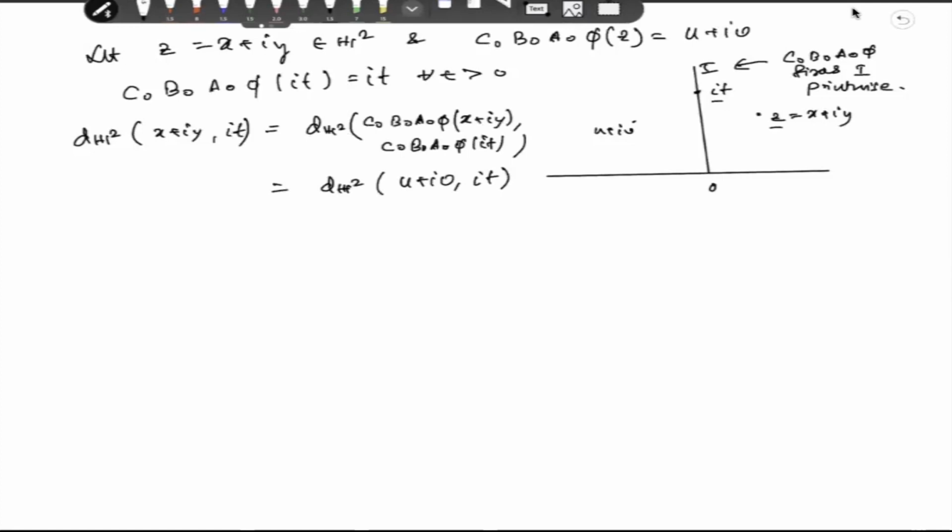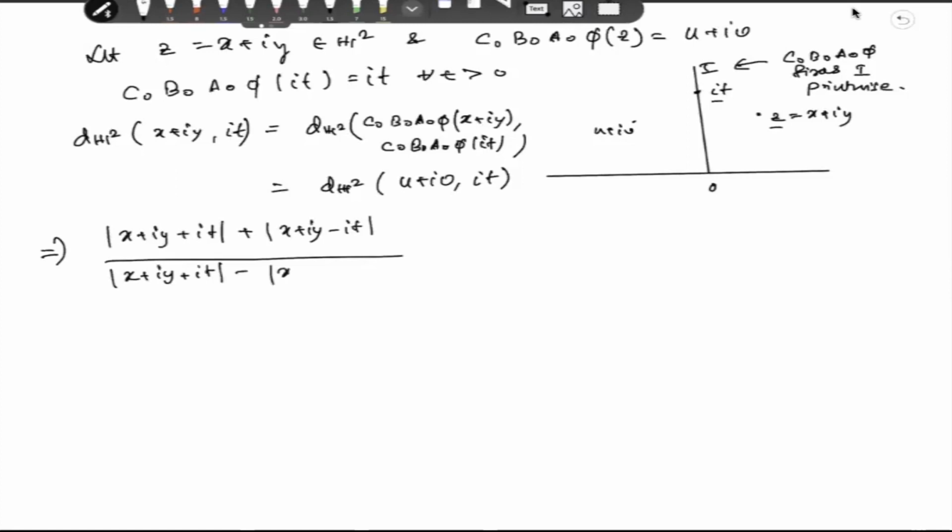Now we have the explicit formula for that distance. So this will be equal to the log of mod of X plus IY plus IT plus mod of X plus IY minus IT, divided by mod of X plus IY plus IT minus mod of X plus IY minus IT.